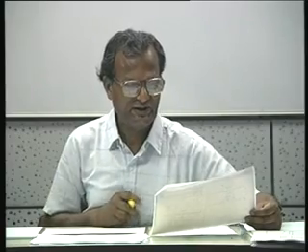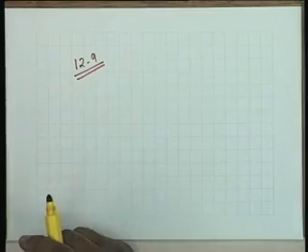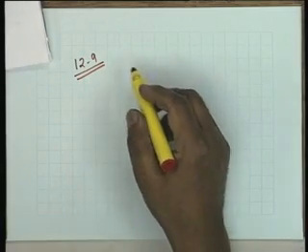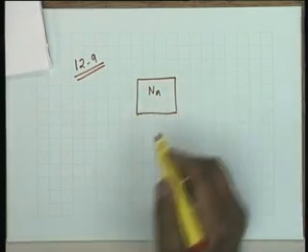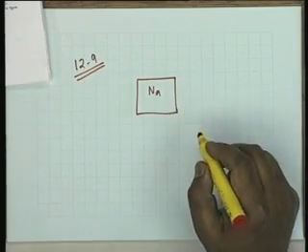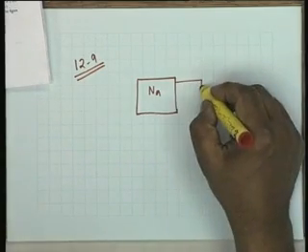Our next problem is 12.9. Taking only non-trivial problems. Most of the others are trivial. 12.9 says synthesize the two-port Na. Now it is not singly terminated, it is doubly terminated. It is terminated on both sides.